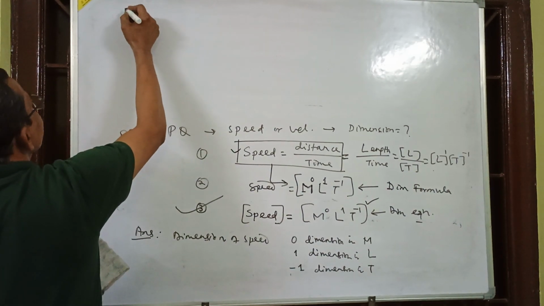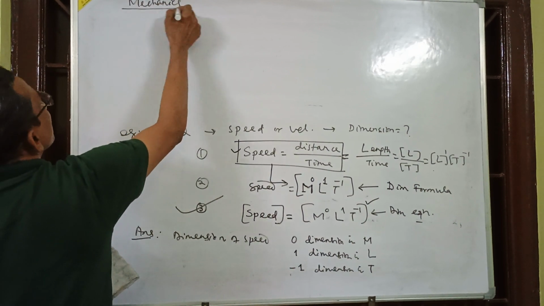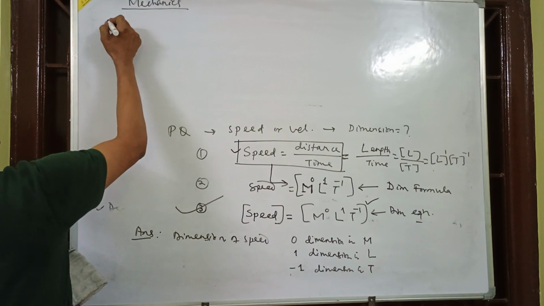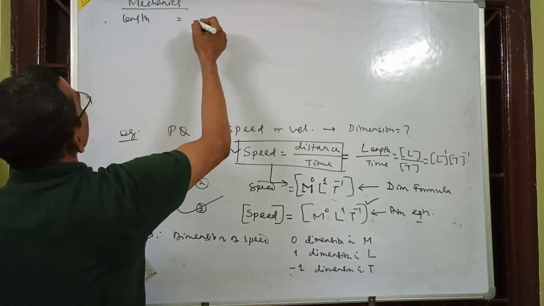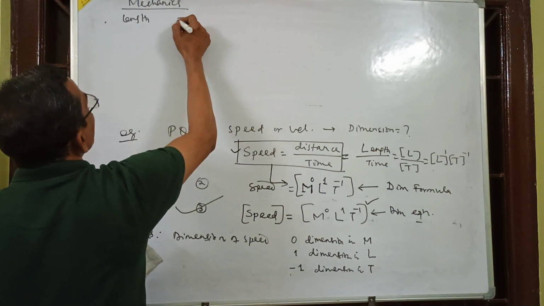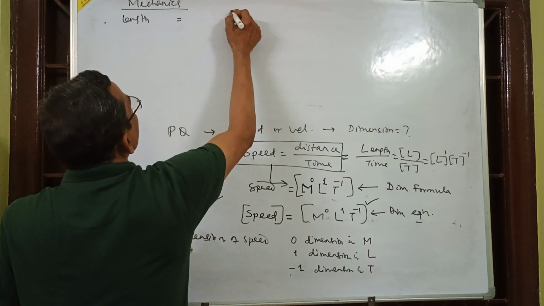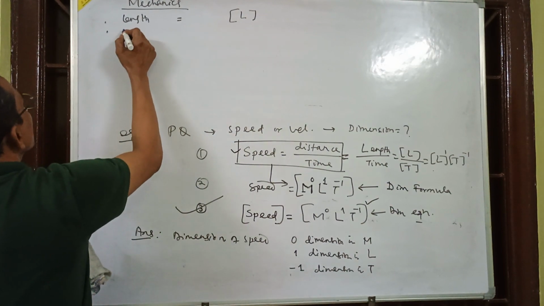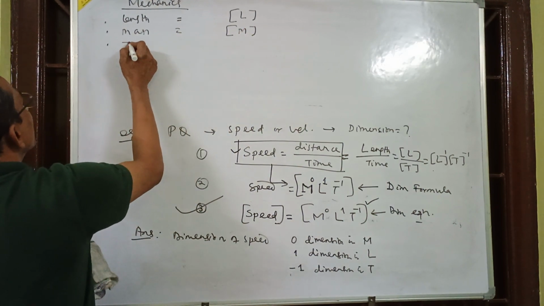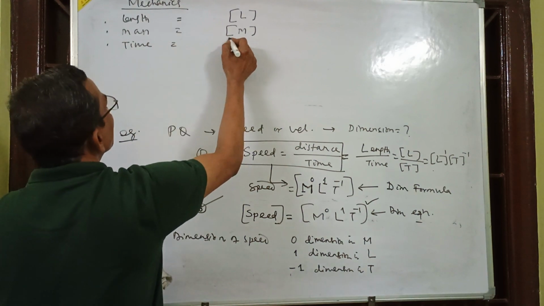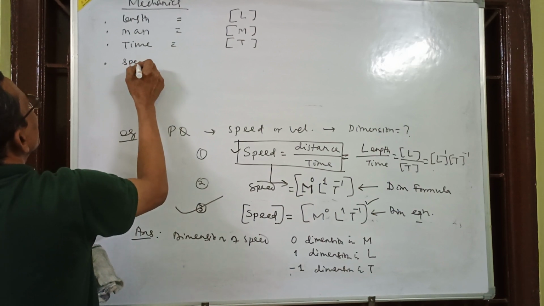Suppose we have a lot of physical quantities in mechanics. Length, already you know, length or distance, the dimension is L. Mass is M, time is T, then speed or velocity.